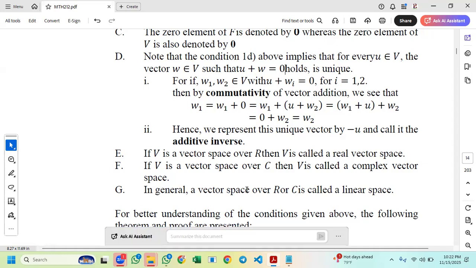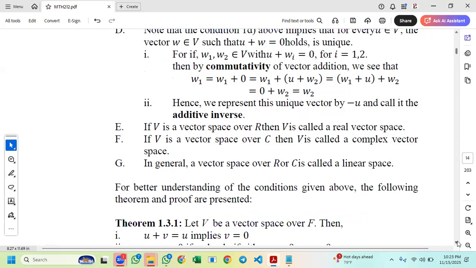In general, a vector space over R or C is called a linear space. Let's not forget that was when Mr. Valentine was trying to explain linear space the other time. But we said we should leave that to another class, or sorry, as homework, everybody should go and work on it.